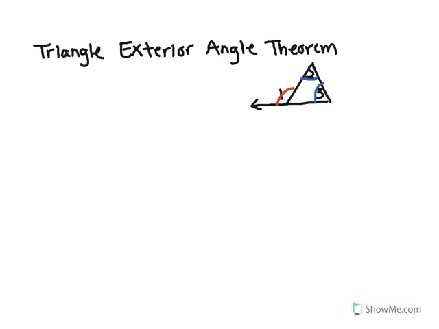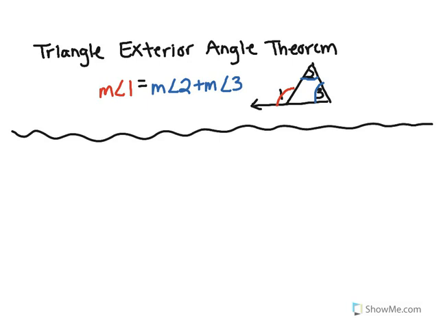And that is that the measure of angle 1 is equal to the sum of the measures of the interior angles. And that is always true. That's not going to be debated. And it's true for every single case. So let's take a look at an example.